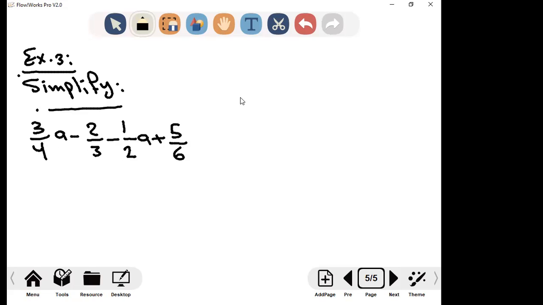So here what I will do, I will take this 3 over 4a with negative 1 over 2a, and I will combine this negative 2 over 3 with the other. Now if you want to work with the fractions, work with a side, then put your answers here.